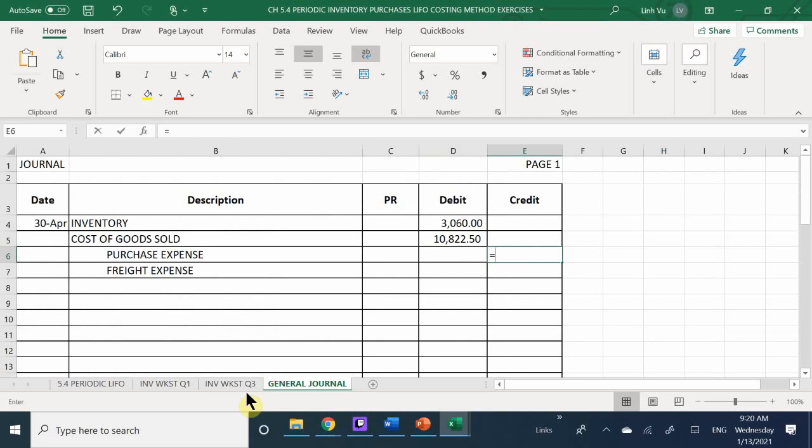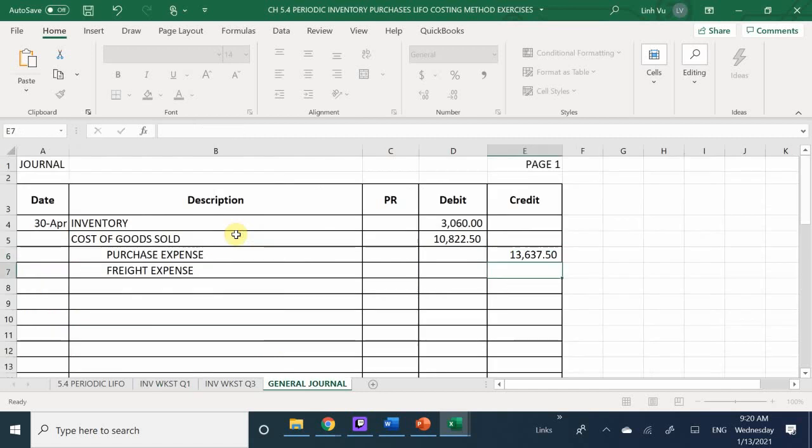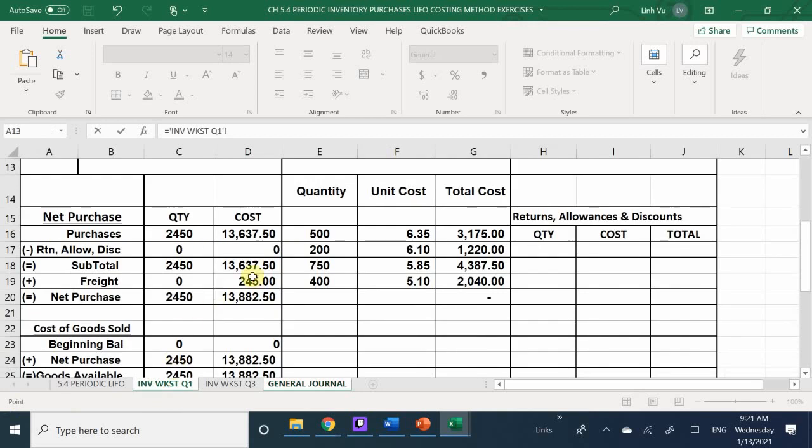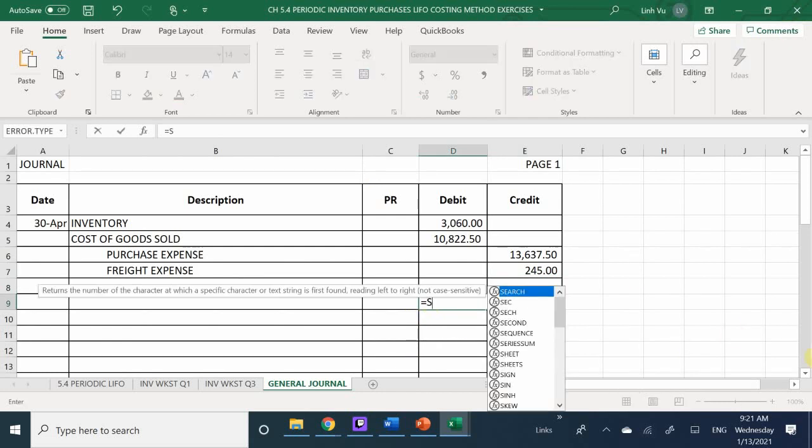And then what was my total purchases? 13,882.50. Okay, that's also including freight. Sorry, 13,637.50. Good. And then lastly, how much was freight? 245. There you go.